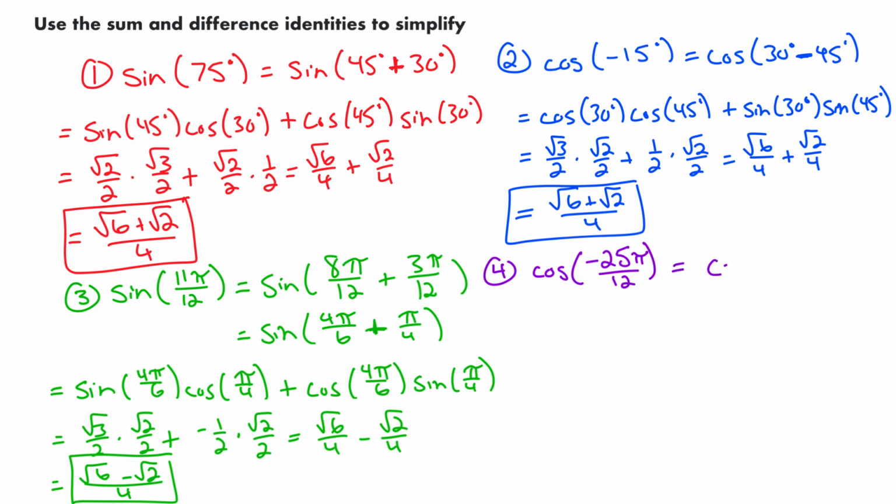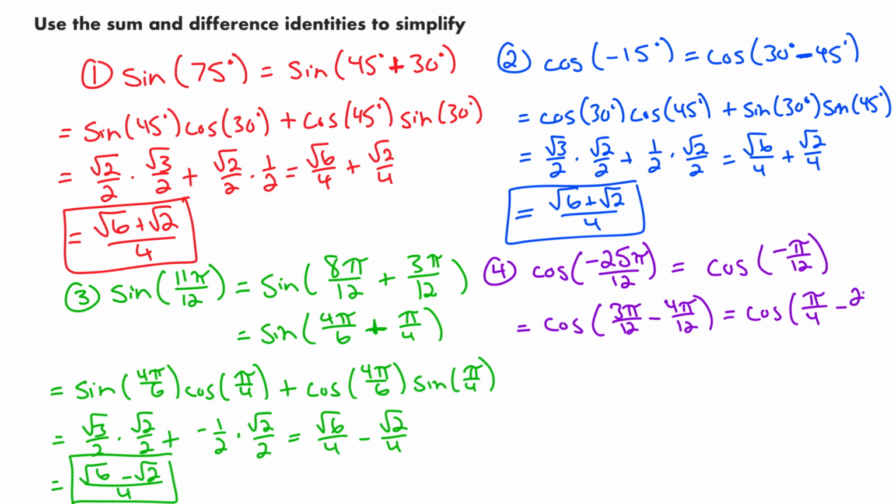So this is equal to cosine of negative pi over 12, which then is equal to cosine of, what is that going to be? 3 pi over 12 minus 4 pi over 12, which is equal to cosine of pi over 4 minus 2 pi over 6, which I can then run through the difference identity for cosine, which is going to give me cosine of the first angle times cosine of the second angle.